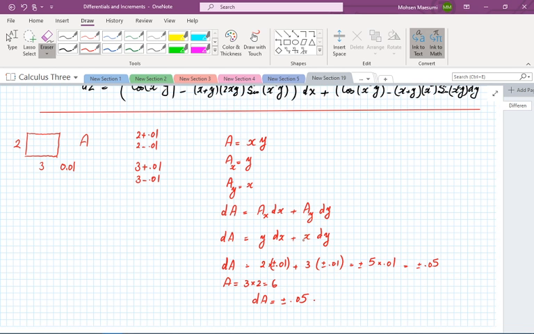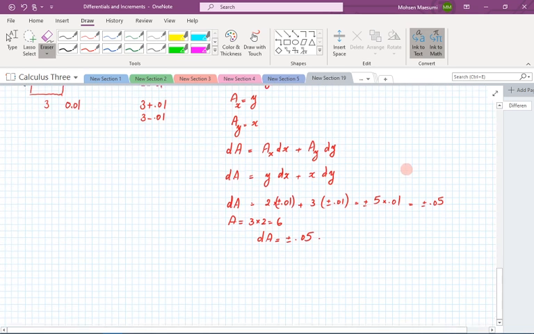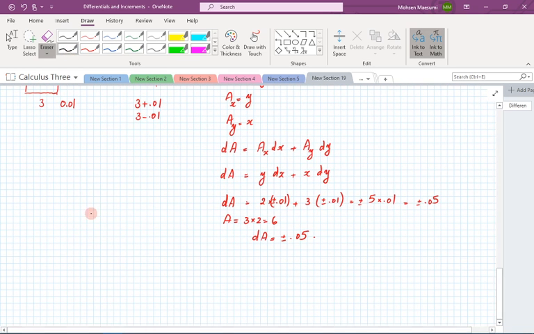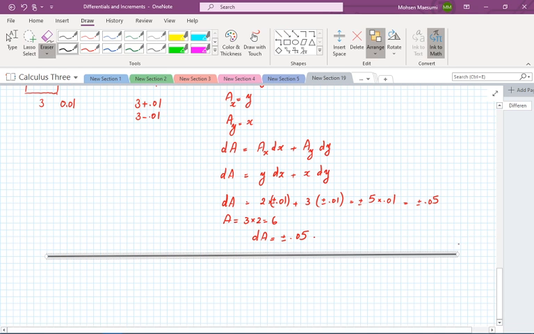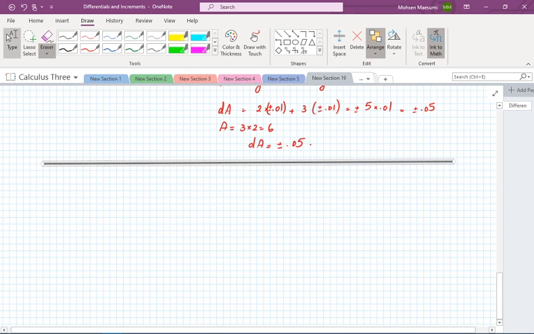Okay, let's go ahead and do some examples where pure calculation is given to us and then we are asked to estimate something by using the concept of differentials. So a typical example here, for example, I pick this one, one of the problems in your textbook: 2.01 squared times 9.02 minus 2 squared times 9.